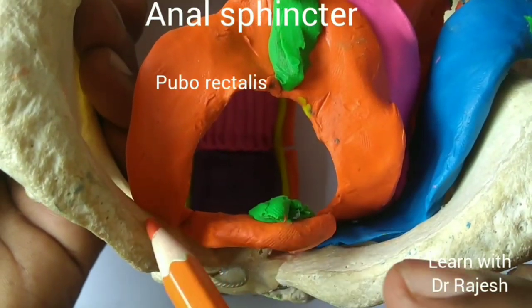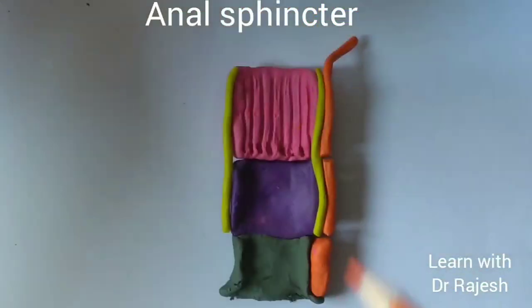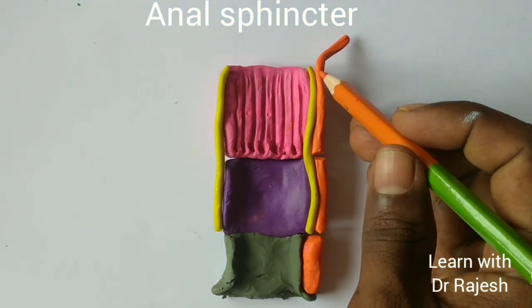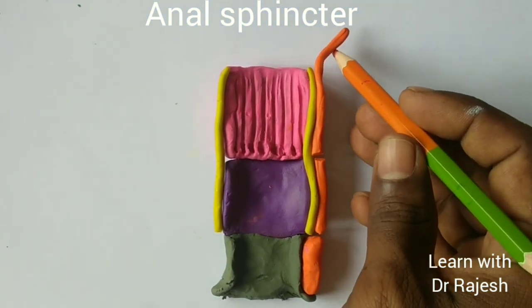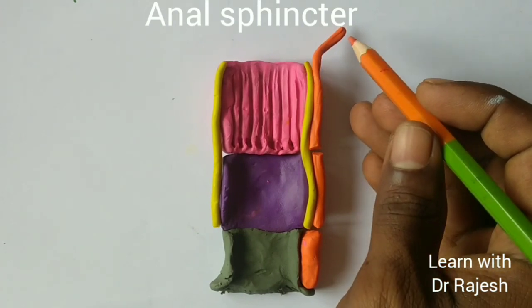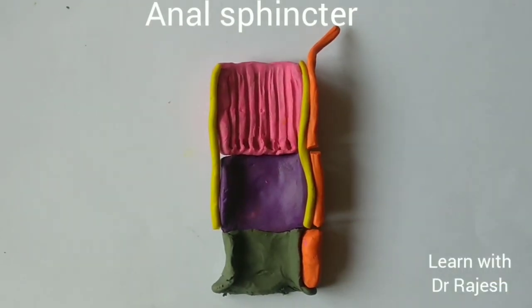The superficial and the deep sphincters at the beginning of the anal canal will be merging with the puborectalis.